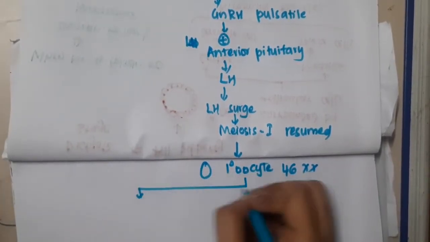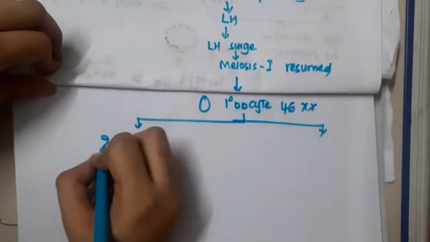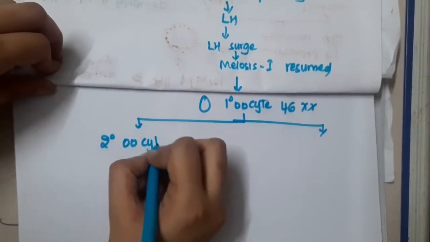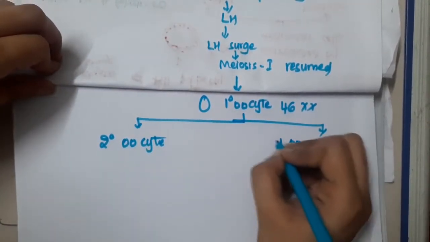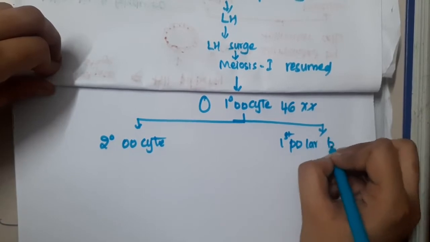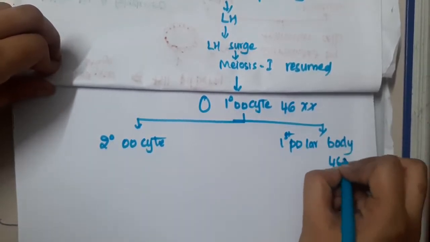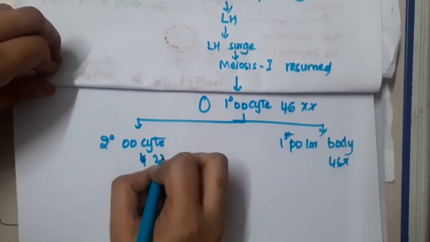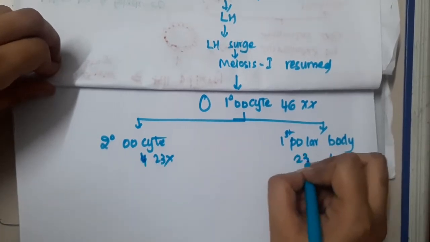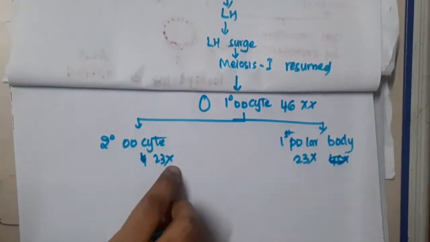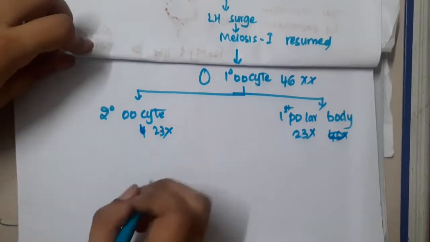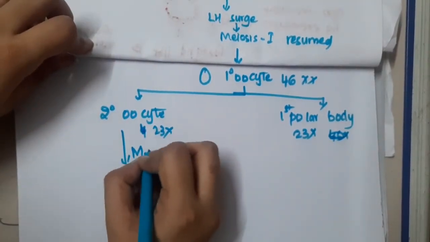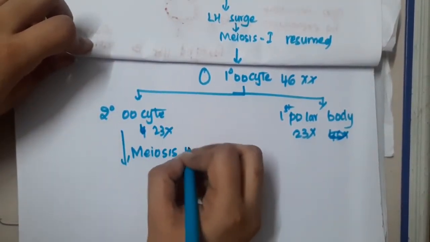Now this primary oocyte will get converted to secondary oocyte and one polar body. First polar body is released. First polar body has 23X, and secondary oocyte will have 23X chromosomes. Now this undergoes meiosis 2.